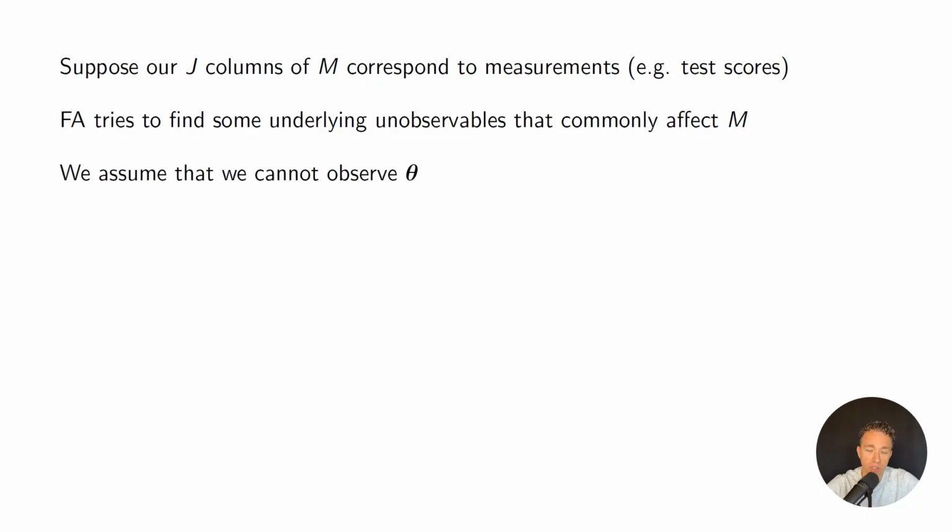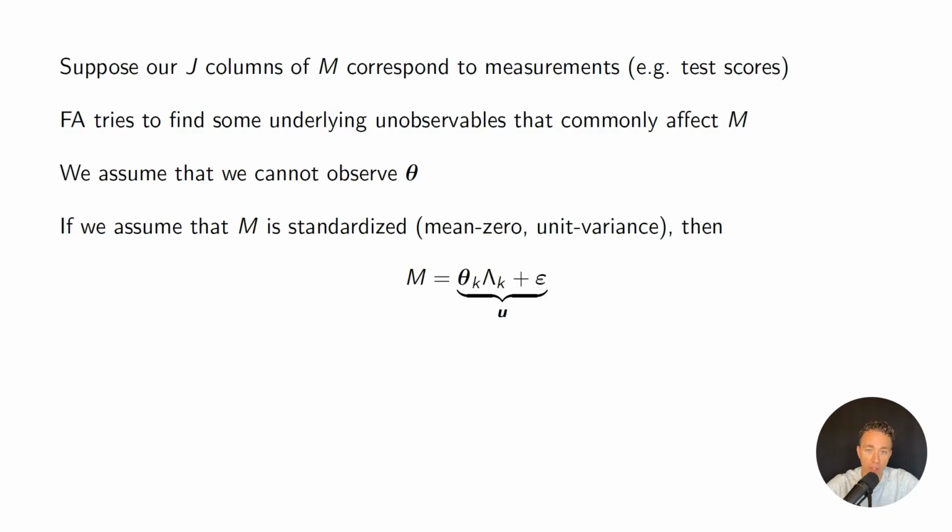So we're going to assume that we cannot observe these underlying unobservables, but we can decompose our measurements. Let's just assume that we've z-scored our M matrix so that everything's mean zero, unit variance. Then basically we're saying that we can attribute some of the variation in M to these factors that we can't observe, and some of it we're going to say is just idiosyncratic noise or measurement error.